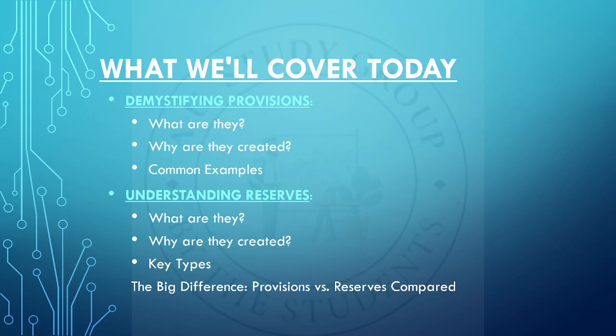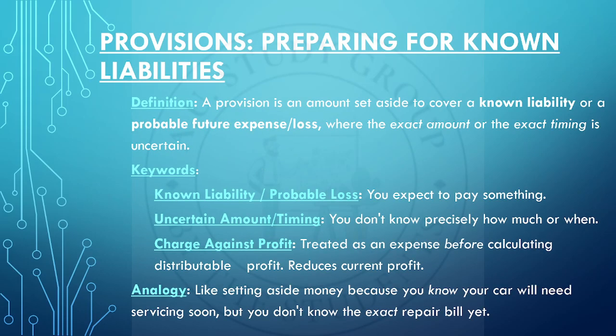Let's start with provisions. Imagine you are running a business selling electronics and you offer a 1-year warranty. You know from experience that some products will come back for repair during the year.